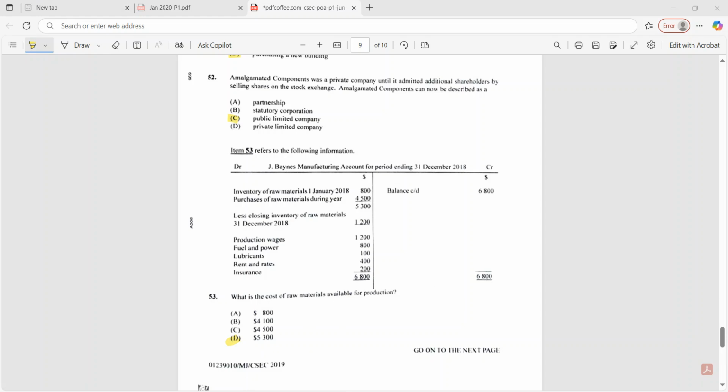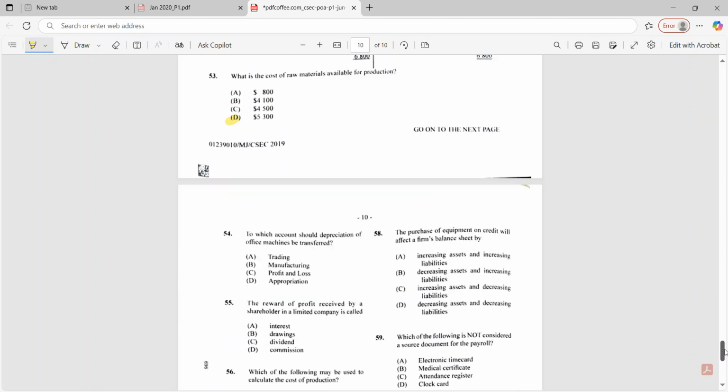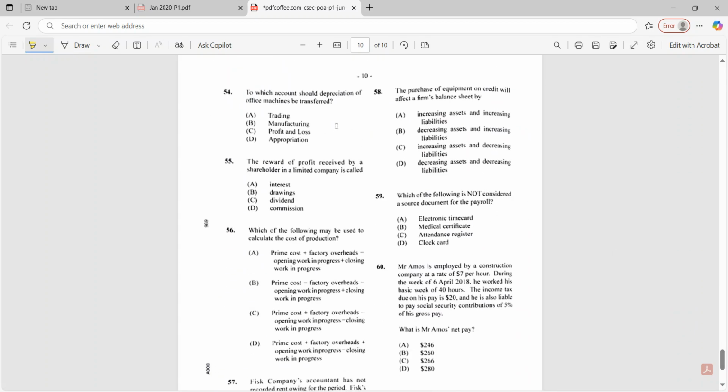Number 54. To which account should depreciation of office machines be transferred? Is it the trading, manufacturing, profit and loss, or appropriation account? All right, so the answer for this would have been the profit and loss account.